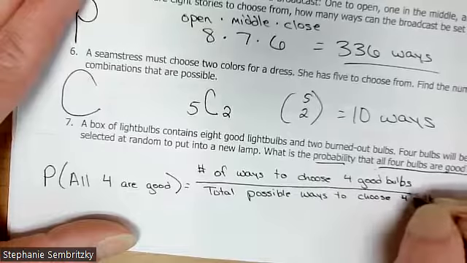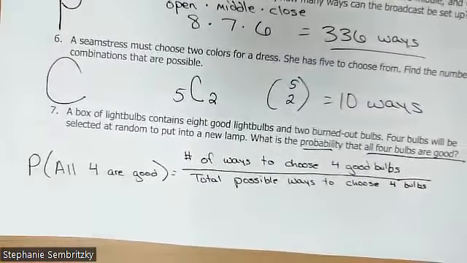So the denominator is always our total possible sample space. So all the different ways I could choose 4 bulbs. And that includes them being good, bad, whatever.